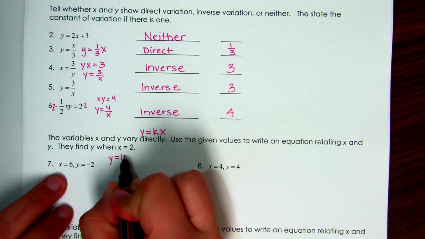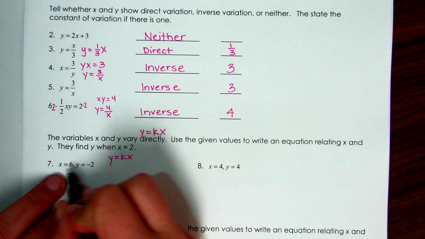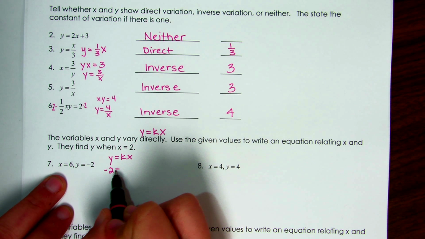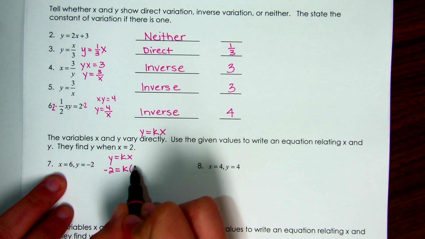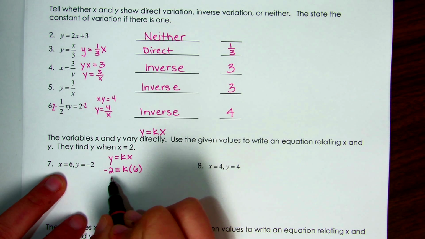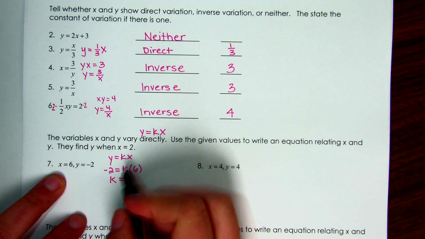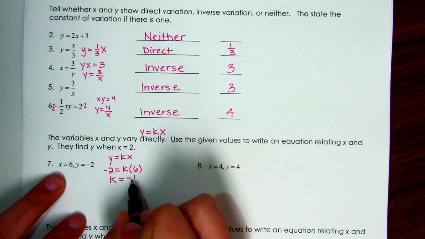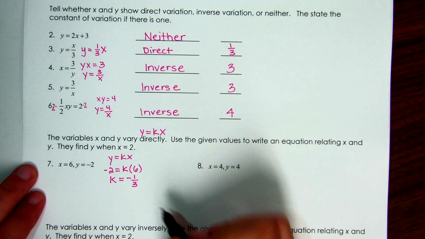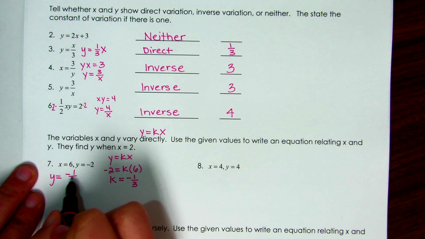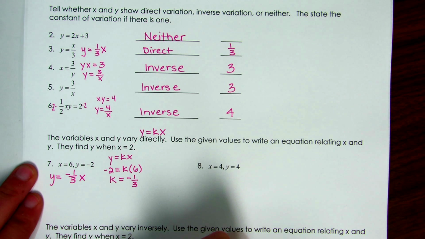So y equals kx, I'm going to plug in the y that it gives me and the x that it gives me. So -2 equals k times x, which is 6. Divide by 6 and simplify. So k equals -1/3. So my equation is y equals -1/3 x.